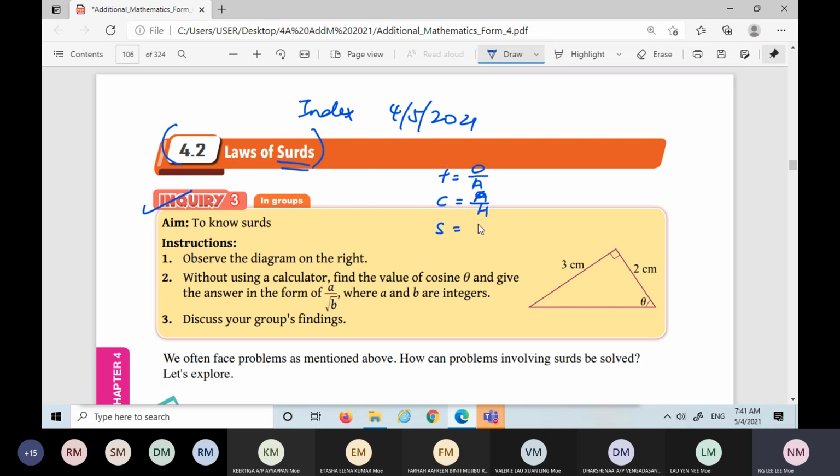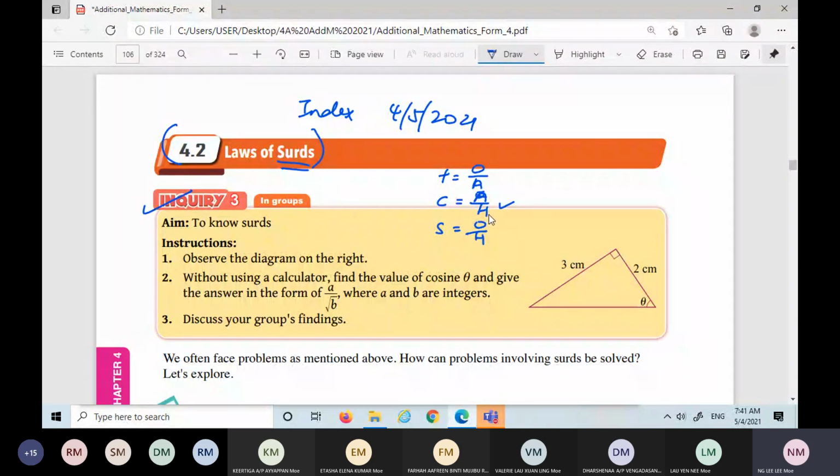This is cosine, this is sine. They asked to find cos, so you have to use A over H. A stands for adjacent and H stands for hypotenuse.